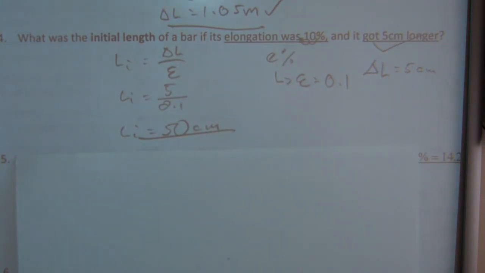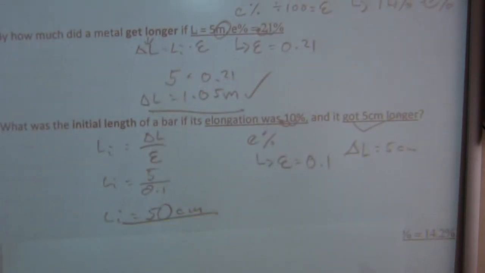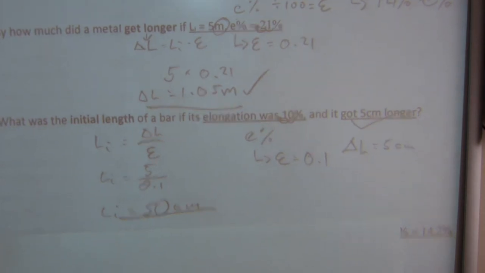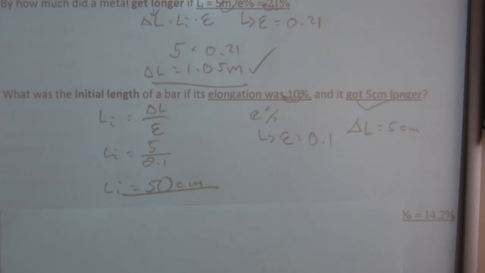Now, what kind of a machine is it that needs a 50 centimeter sample, or in the previous one, a 1.05 meter long sample? Don't worry about it. We're not going to the lab with this stuff just yet. We're just doing math, okay? Most samples are normally like 2 inches long, so 50 millimeters long. So just don't worry about these strange or odd units of measure.